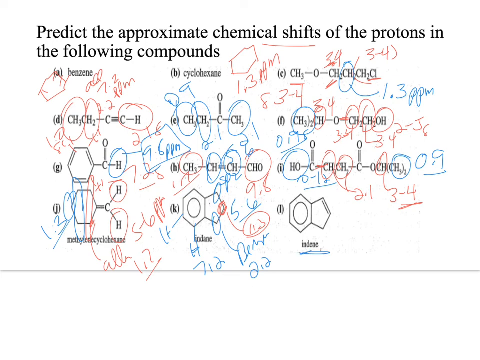Indene, so once again you have the aromatic protons that are going to show up at about 7.2 ppm. You have these benzylic CH2s, they're going to show up about 2.3 chemical shift. And then you have these hydrogens here. This hydrogen is going to be more downfield. And they're going to show up about 5 to 6 ppm.